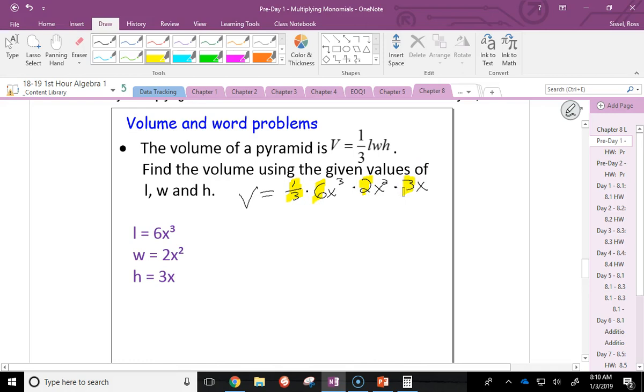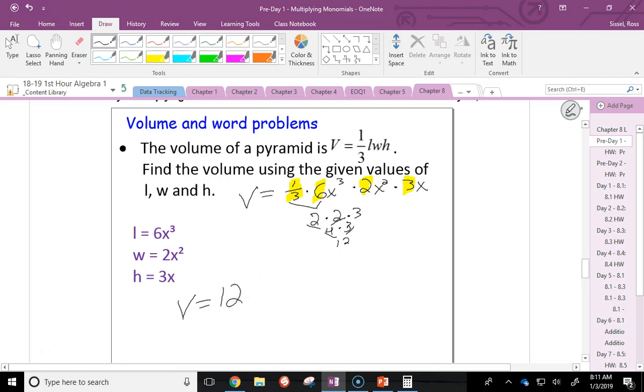So I'm going to go ahead and get rid of a third times a 6. A third times a 6 is 2. And if I want to be showing my work, I could say, okay, so then I have 2 times 2, so that's like 4 times 3. So I'm going to have 12. So in my answer, V equals 12.